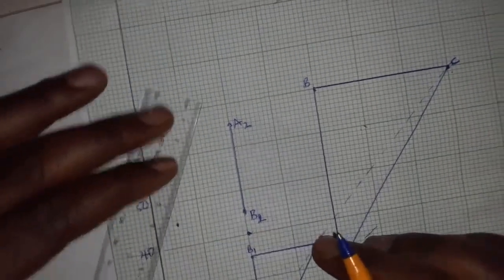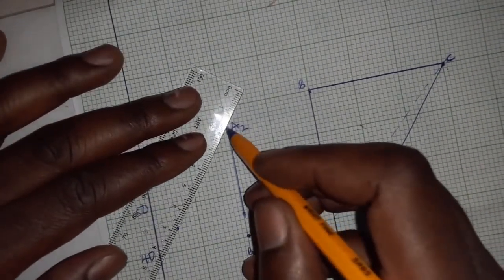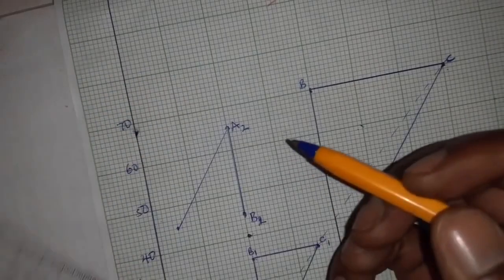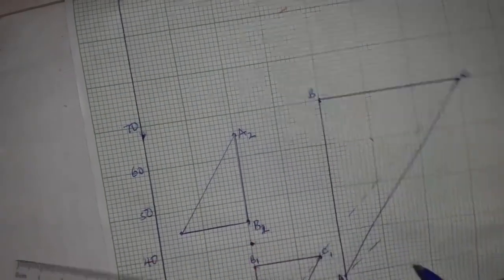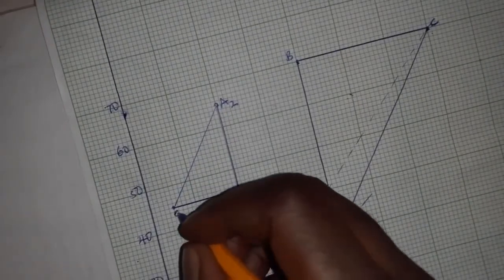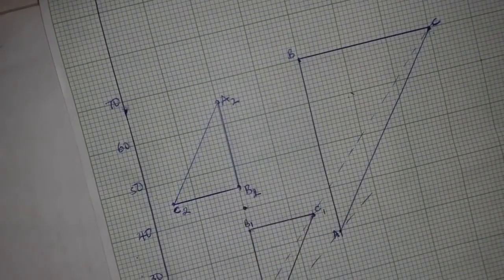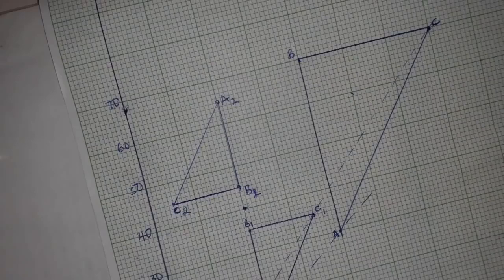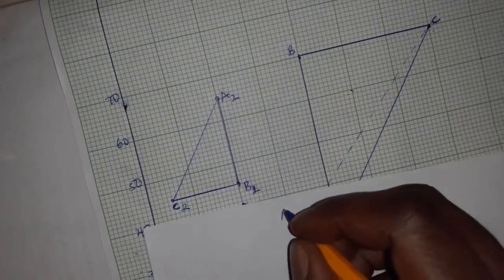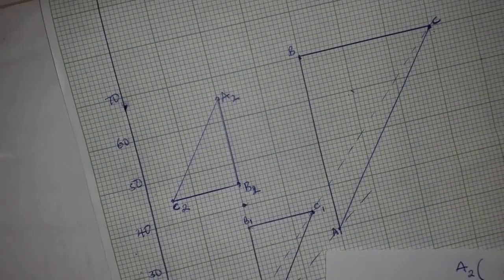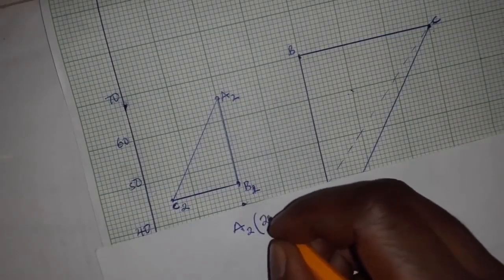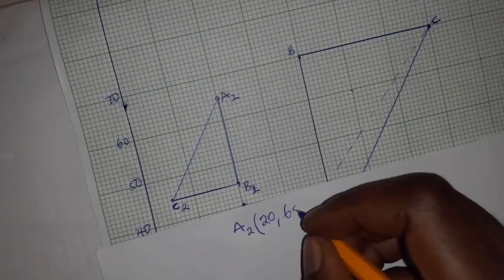Okay, so this one will come here. This one is going to come here. So this is how it's going to be. So this is going to be C2. Then A1 or A2, what are the coordinates? It's 20, 65. So this is 20, 65.